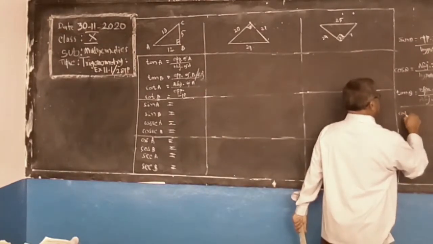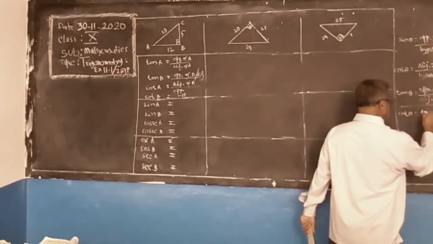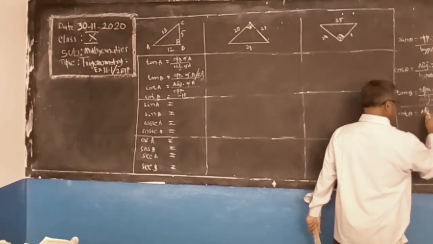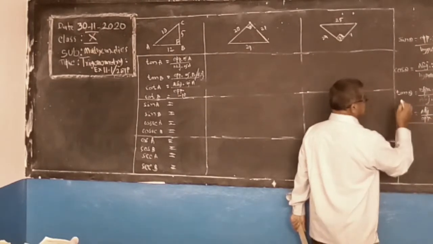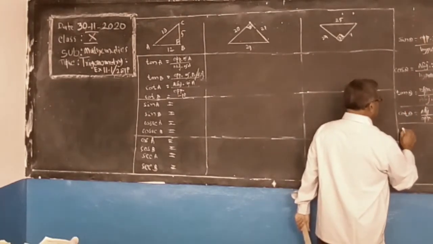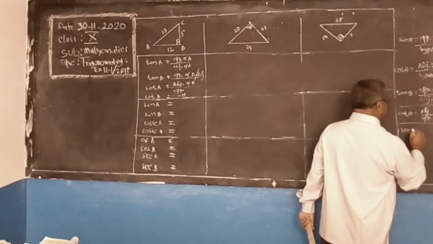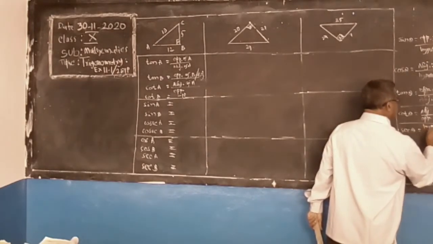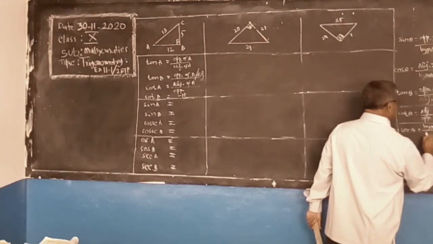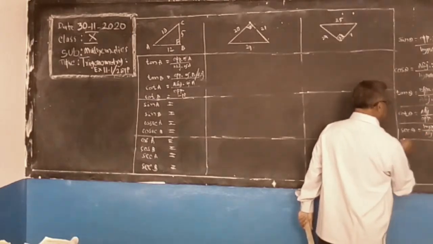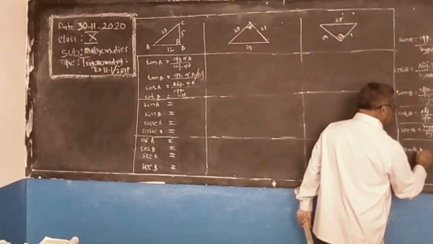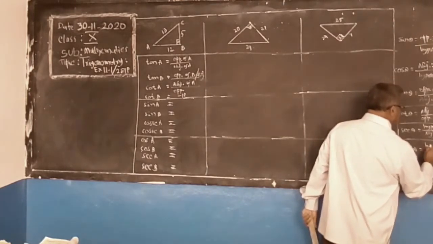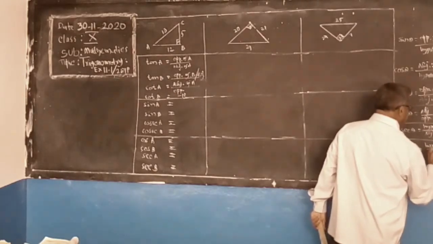The reciprocal of tan theta is cot theta, adjacent side by opposite side. Then sec theta, hypotenuse by adjacent side, and cosec theta, hypotenuse by opposite side of the angle.